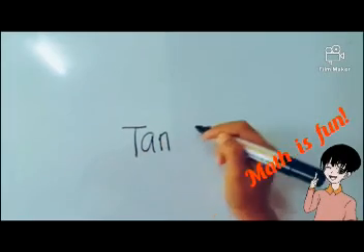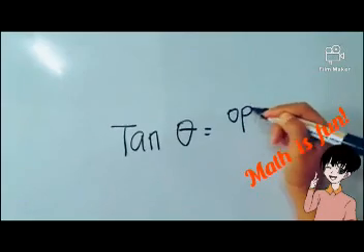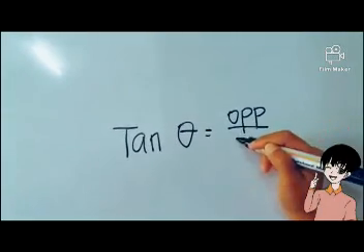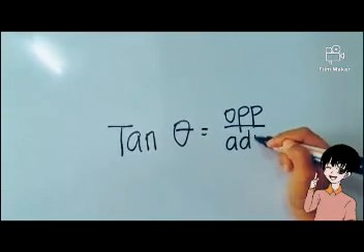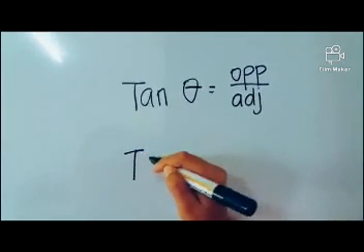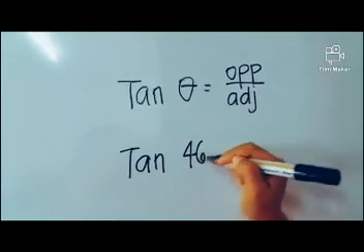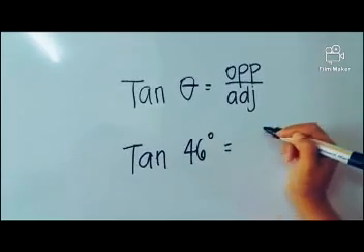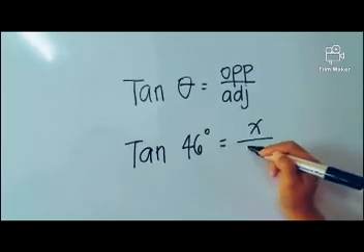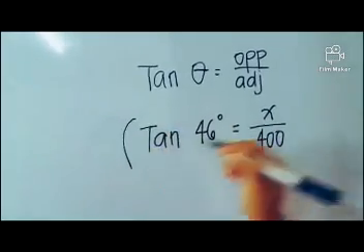Tan theta is equal to opposite divided by adjacent. And the angle is 46 degrees, so tan 46 degrees equals the opposite side, which is x, divided by the adjacent side, which is 400.